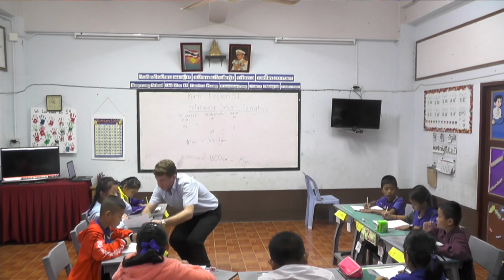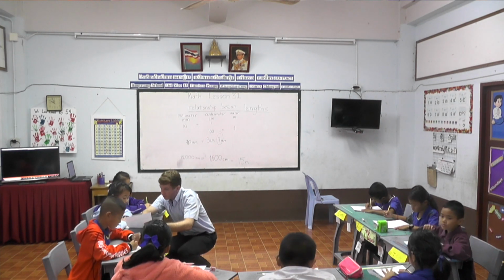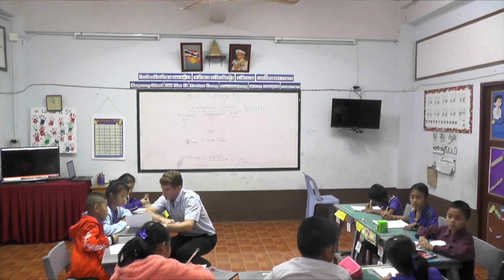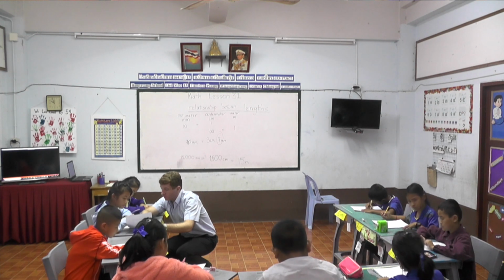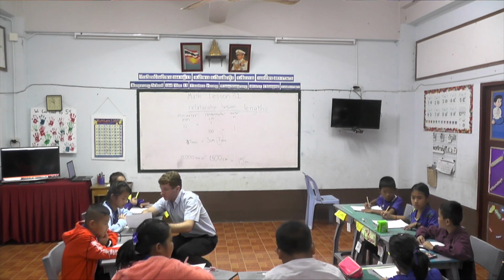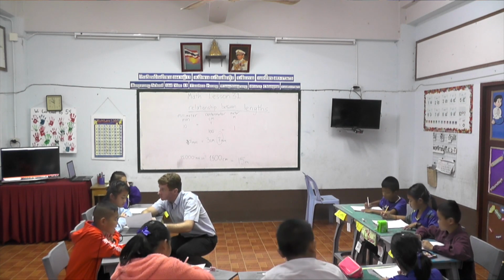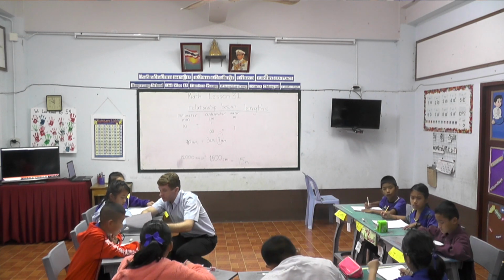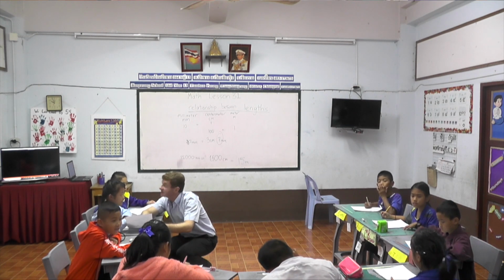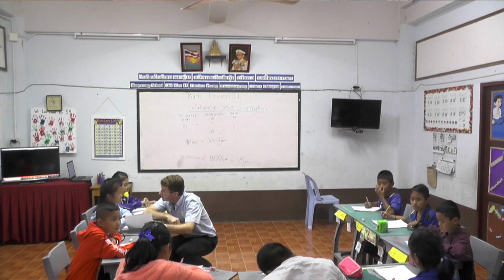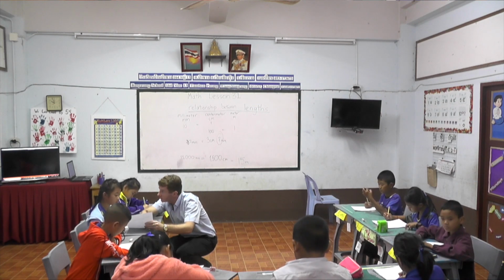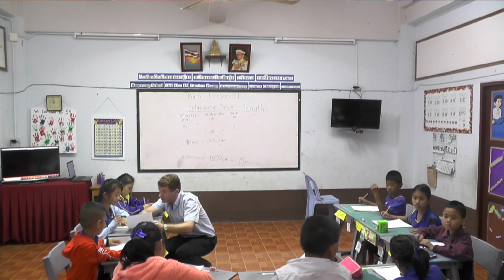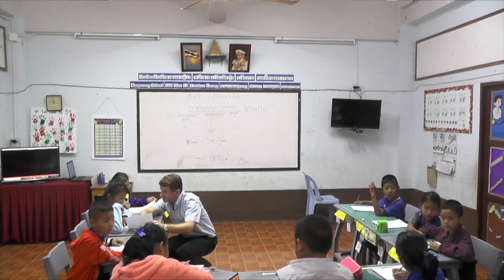Okay, so let's do it together. 4,060 millimeters. So, 4,000 millimeters is 4 meters. And 60 millimeters is 6 centimeters. Yes, because 10 millimeters is 1 centimeter. So 60 millimeters, 6 centimeters.